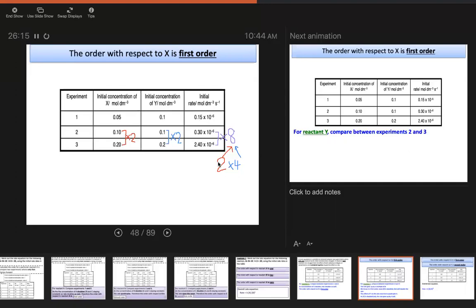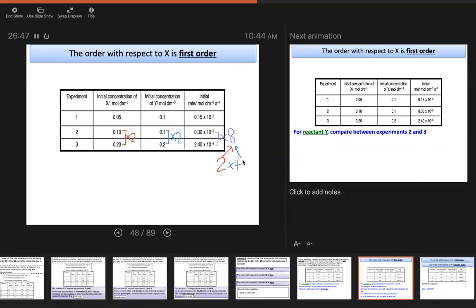So this is what we mean by combined effect. Times 8 is actually a combination of changing X and changing Y. You already know that X is first order. If you didn't know X is first order, you wouldn't be able to do this. You cannot guess. It's because we know that X is first order, so times 2 will have an effect of times 2 on the rate as well.